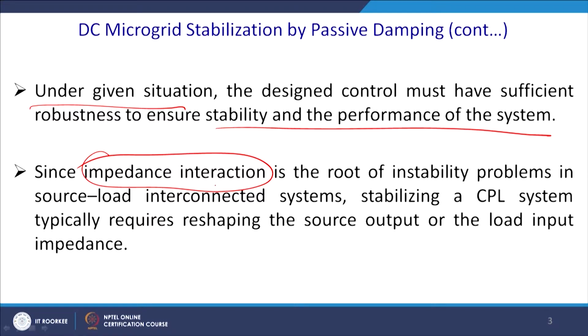So, the impedance interaction is the root cause of the instability problem in a source load interconnected system, and stabilizing a constant power load is difficult because once voltage dips its current increases. So, it is quite a nasty kind of entity. A CPL system typically requires a reshaping of the source output or the load input impedance, so that you can control the flow of current into the system.